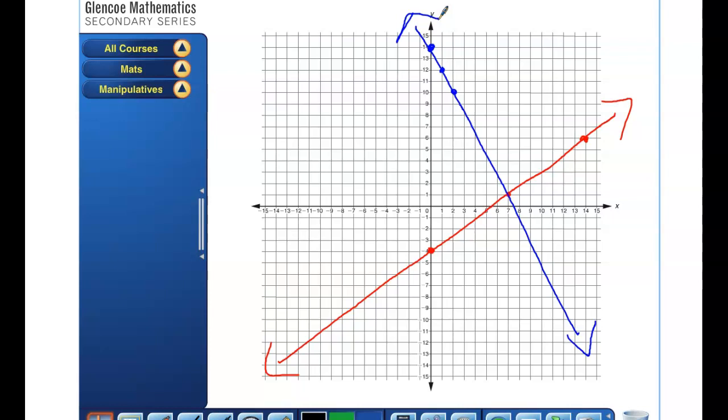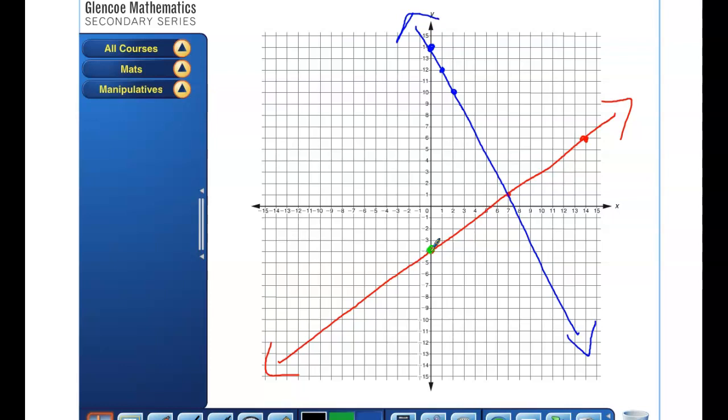On the third equation, the green equation, Bailey, what is my y-intercept? -4. So I have a dot again right there at -4. Caitlin, what's my slope? -5/7.